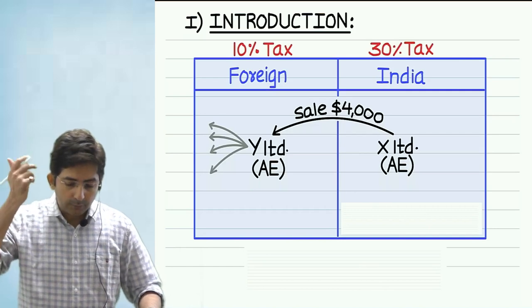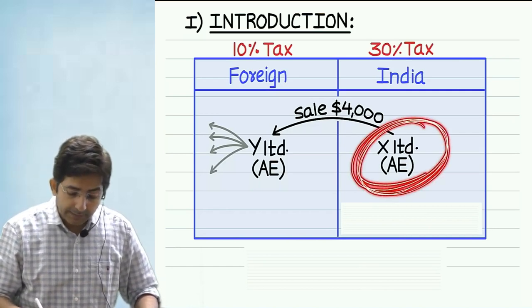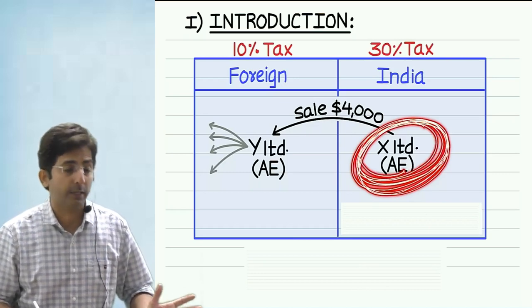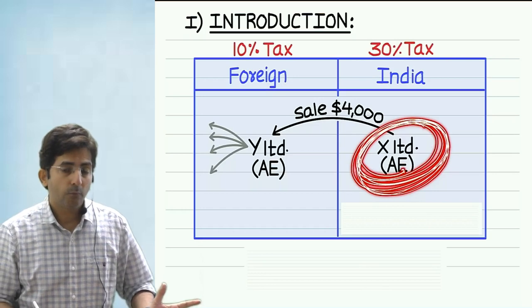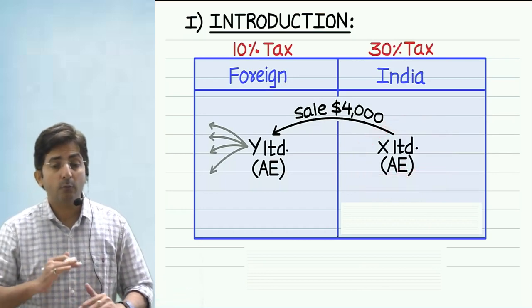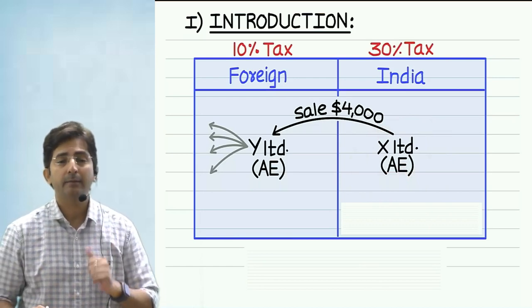So tell me, what is going on in the mind of X Limited? Something is fishy. When you can sell the goods directly to the foreign customer, why are you not selling the goods directly to the foreign customer? And why this indirect route? Indirect route. Why?